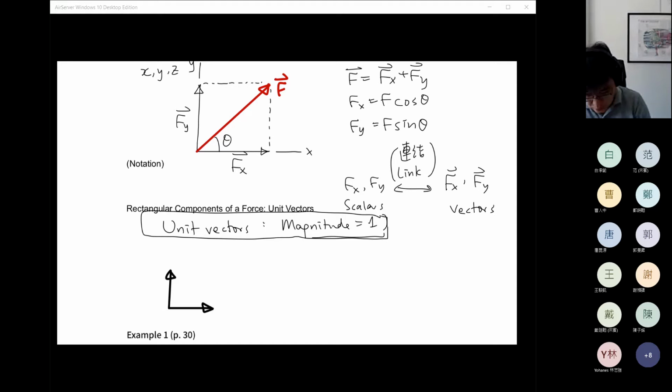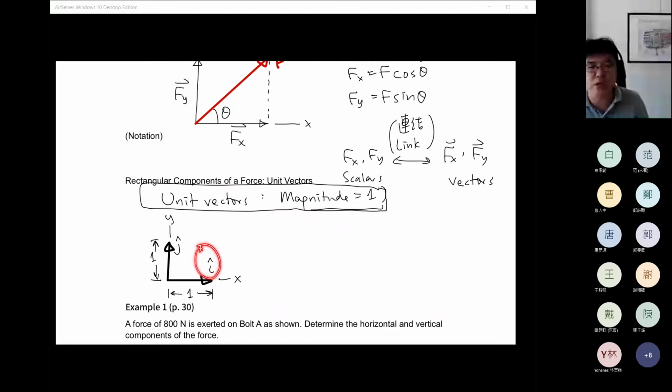We assume these two are of length equal to 1. This one is called I, and this one is called J.